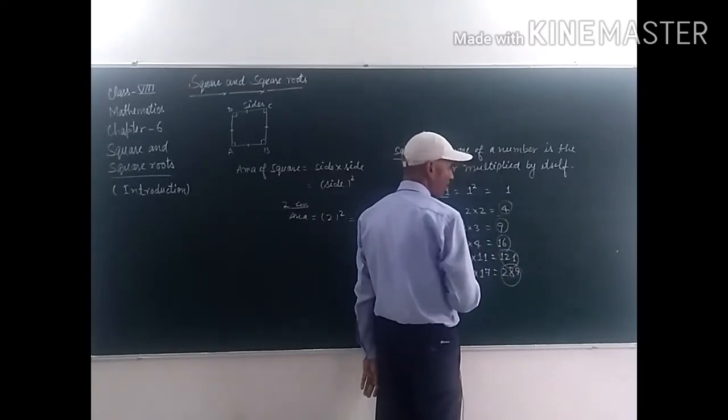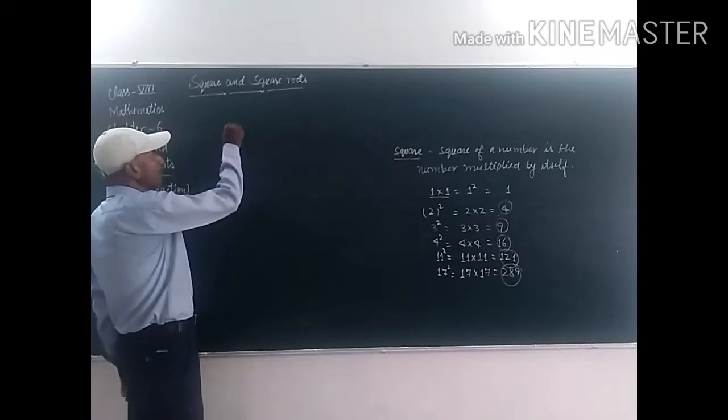These numbers are perfect squares. What is a perfect square?